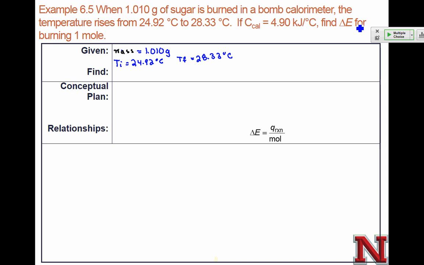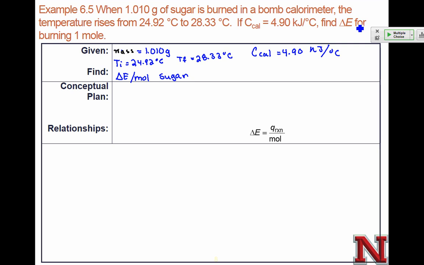So we have our C-cal that's given to us in kilojoules over degrees C. And what we're looking for is our delta E per mole of sugar, so of our system.